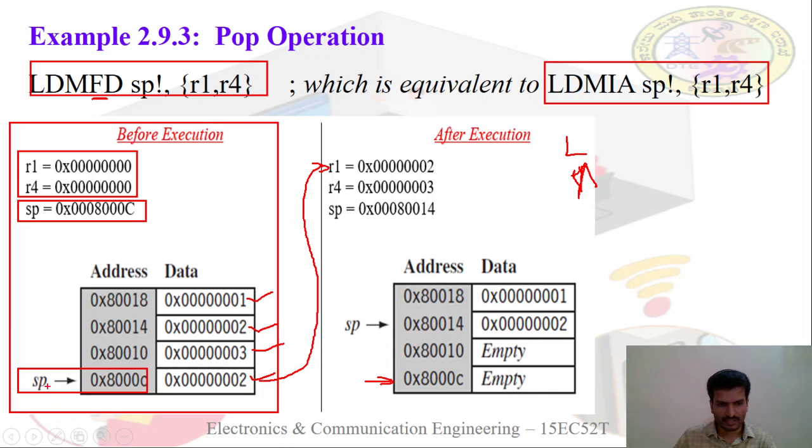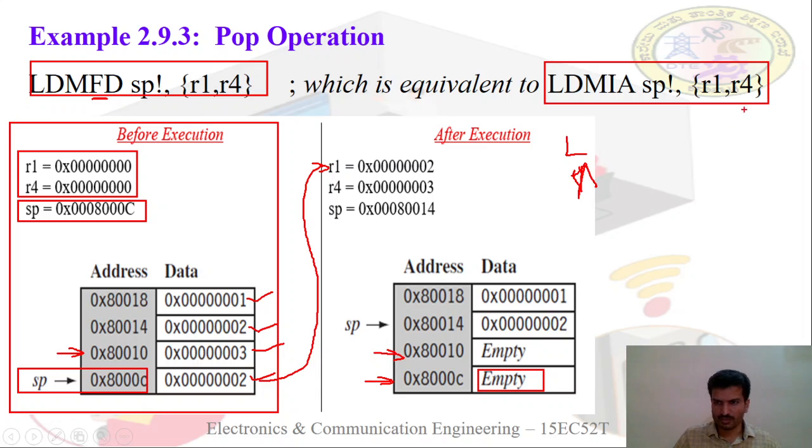Later it will increment by 4, so now SP is pointing here. After retrieving the data, this location is empty, right? So first load, then increment the address by 4.